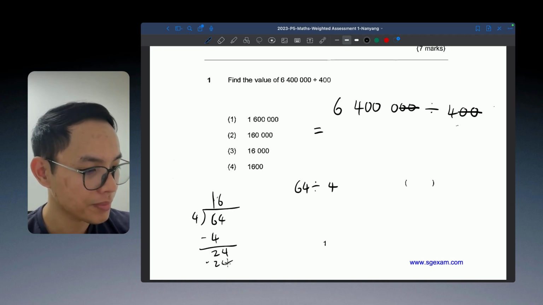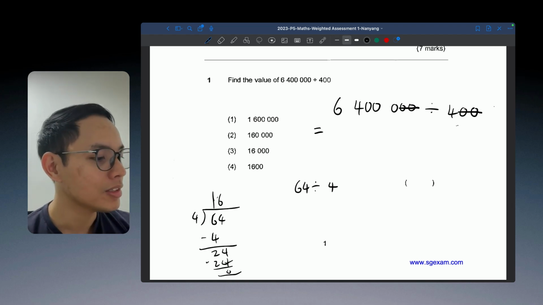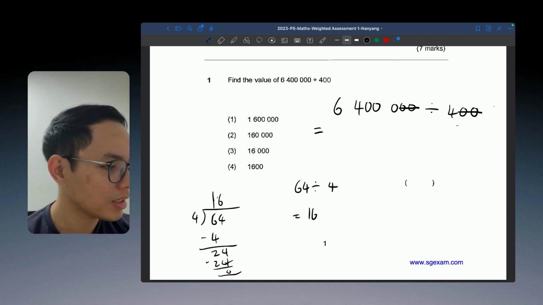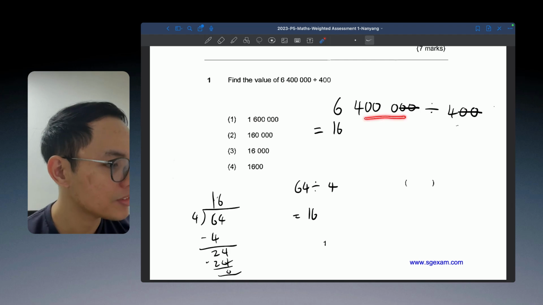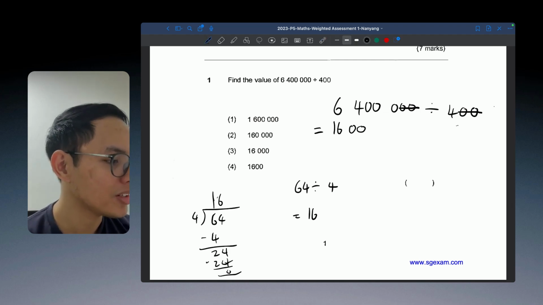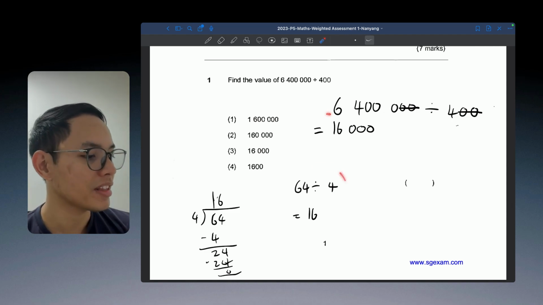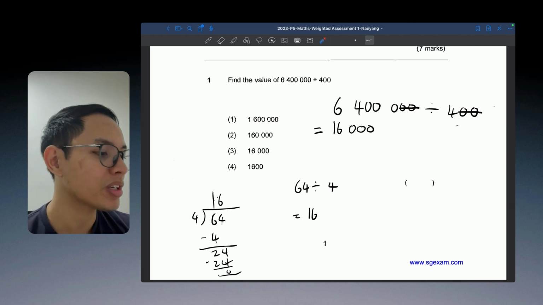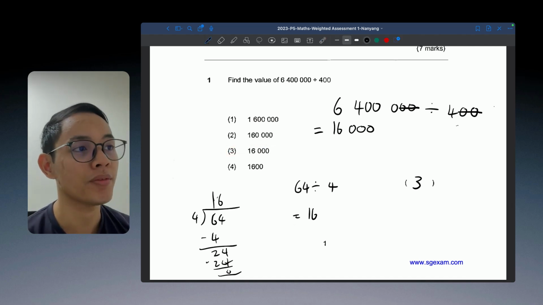It's always good practice to know how to divide mentally. So this should be 16, and then you put 16 with the remaining zeros at the end, and that's how you get 16,000. So even without me working out this whole thing, you can get the answer, which is option 3. Pretty straightforward.